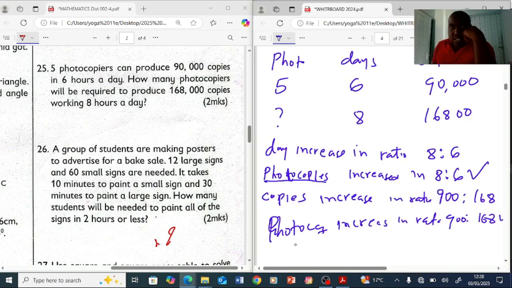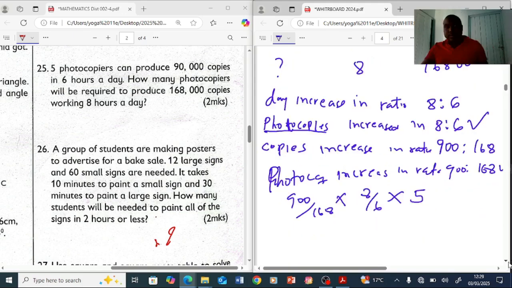It is 900 over 168 times 8 over 6 times the constant 5. Now you can use your calculator.